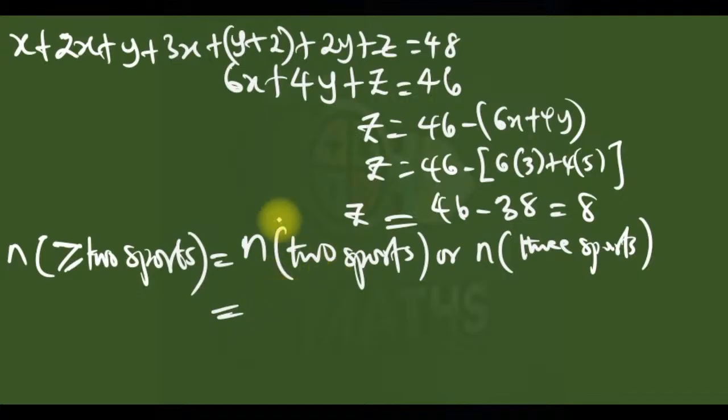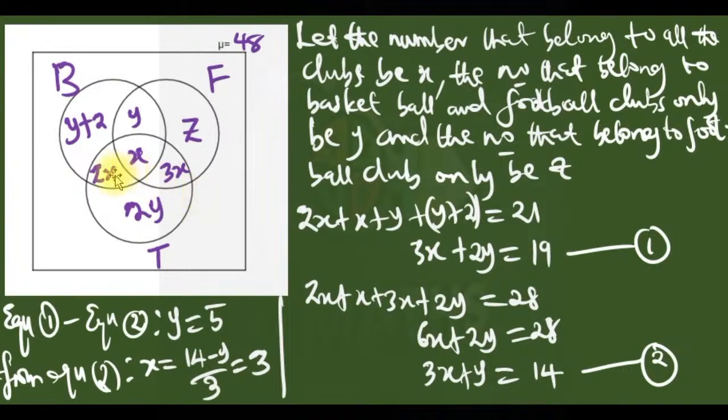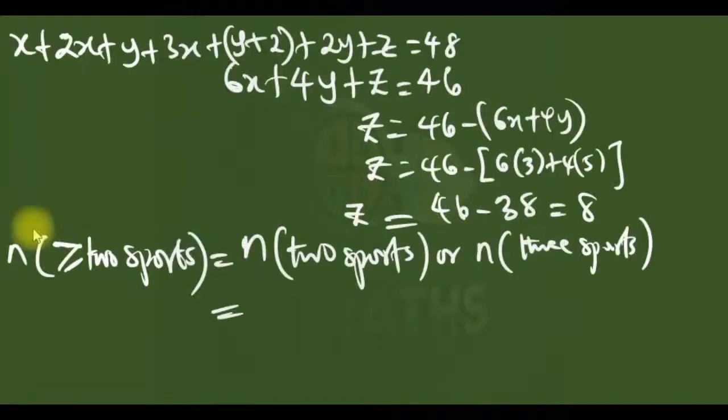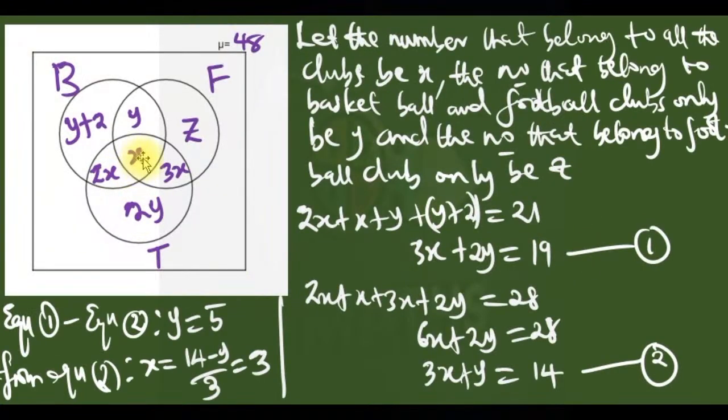So the number that take 2 sports or 3 sports. 2 sports is 2x plus y plus 3x, and 3 sports is x.